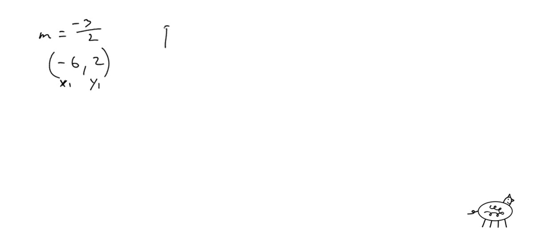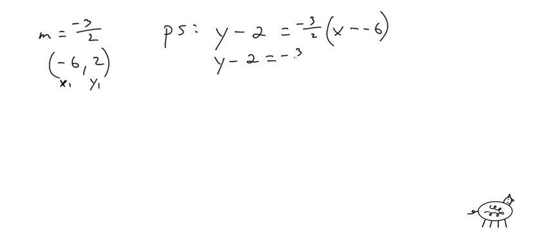So first of all, its point-slope form is going to be y minus 2 equals the slope, -3/2, times x minus x1. So x minus a negative 6. Okay? Now again, before you finish it up here, it's y minus 2 equals negative 3 halves times x plus 6. We're done with that.